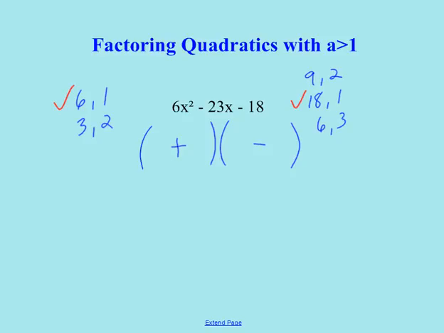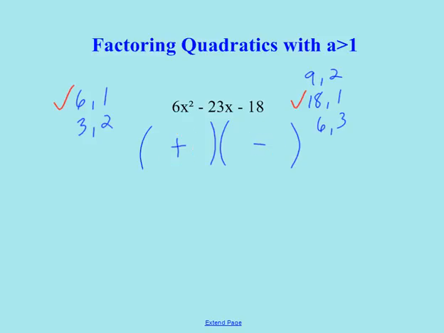So that's not going to end up getting us to negative 23x. If you did 6 times 1 and 18 times 1, well, you have a plus and a minus going on here and here. So you'd end up with 18 minus 6 is 12, and 6 minus 18 is negative 12, so that's not going to work either.